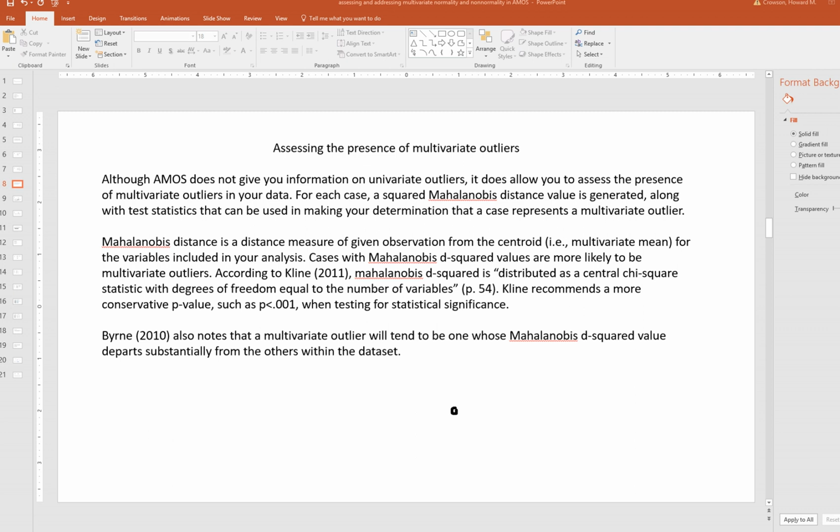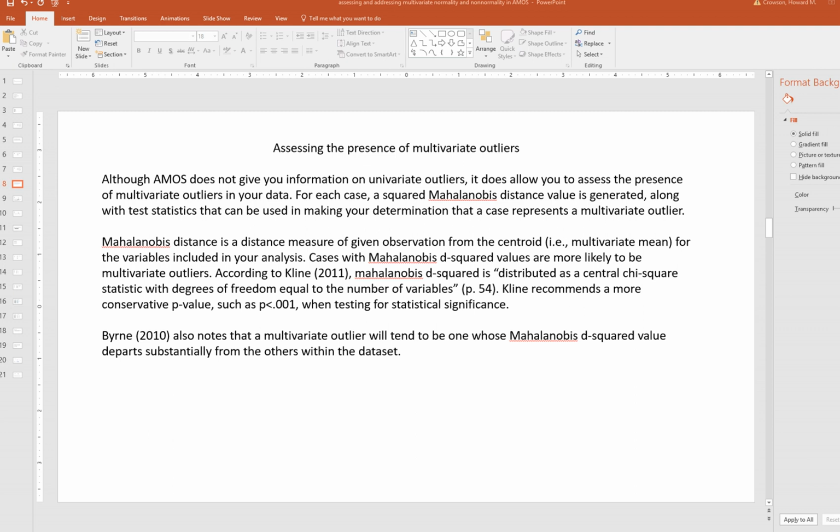If you can imagine a data swarm for all of our variables, with the centroid lying in the middle of it, we can calculate the distances between each observation and that centroid. The basic idea is that if the difference is deemed statistically significant, that would be evidence of the presence of a multivariate outlier. So it's a similar notion to what we see in assessing univariate outliers, but in this case we're looking at outliers in relation to all of the variables in the data set.